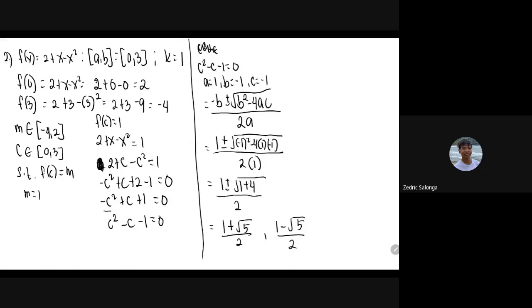Now the question is, if both roots, 1 plus the square root of 5 over 2 and 1 minus the square root of 5 over 2, are in the interval a, b, then both are accepted.